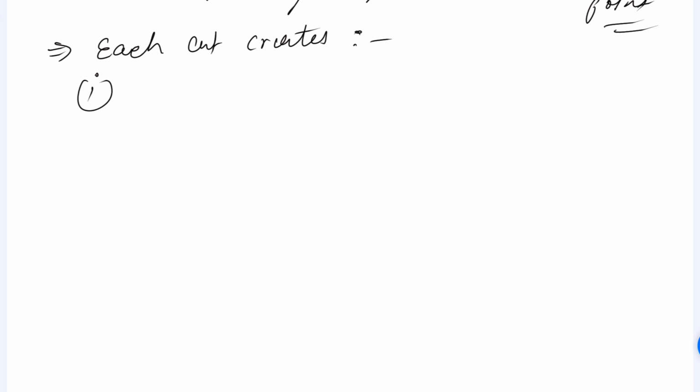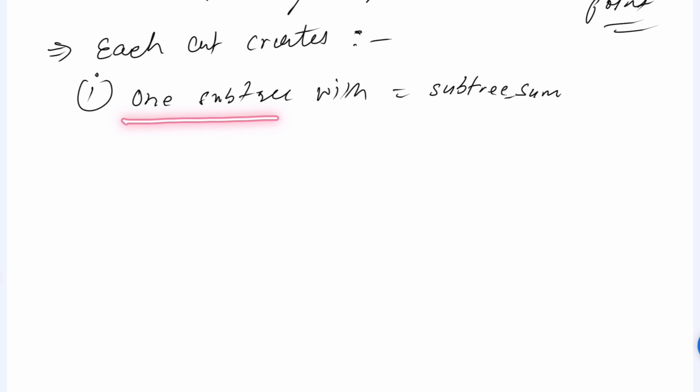Very first, one subtree with sum. Let's call it subtree sum. If we know the subtree sum for the one subtree, it means what? How will we calculate the other? We have seen the example.